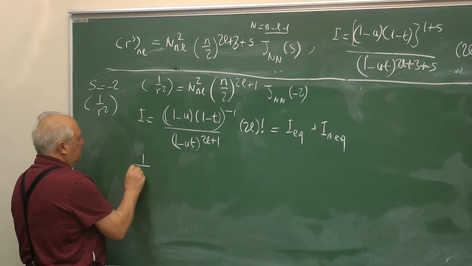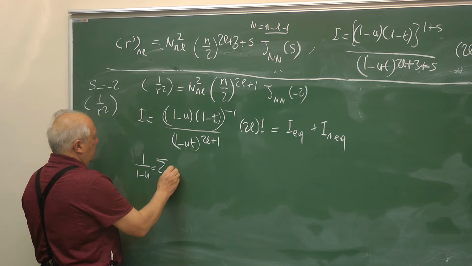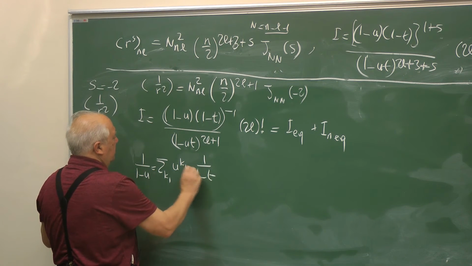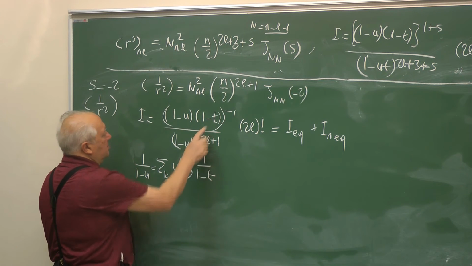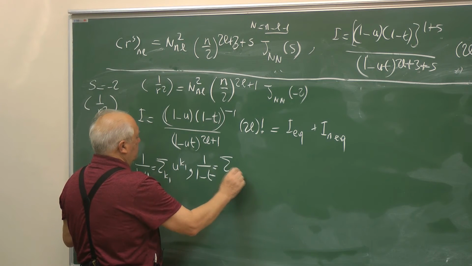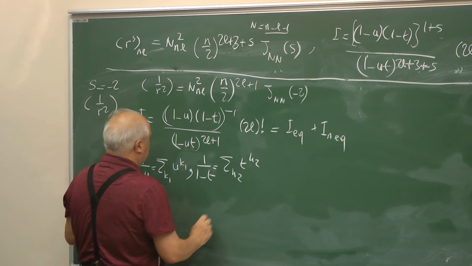So let's say 1 minus u is equal to sum over k1, u to the k1, 1 over 1 minus t, that's equal to sum over k2, t to the k2.